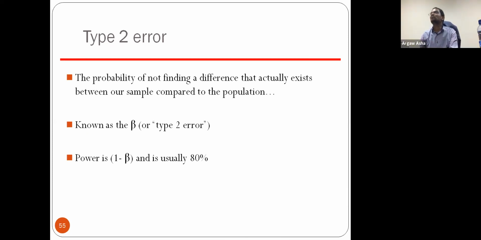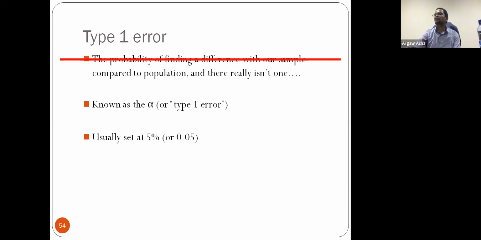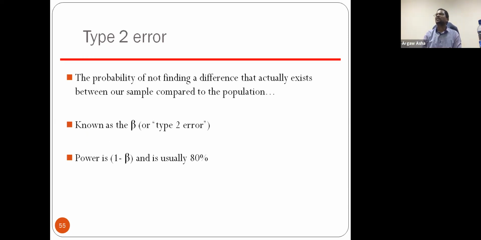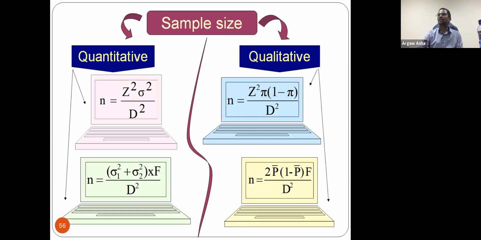The probability of not finding a difference that actually exists we call type 2 error. Usually we set 5% for type 1 error, and usually we set around 80% for power, beta. Alpha, beta error.